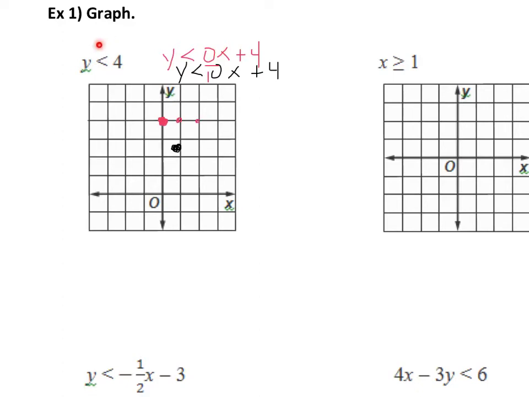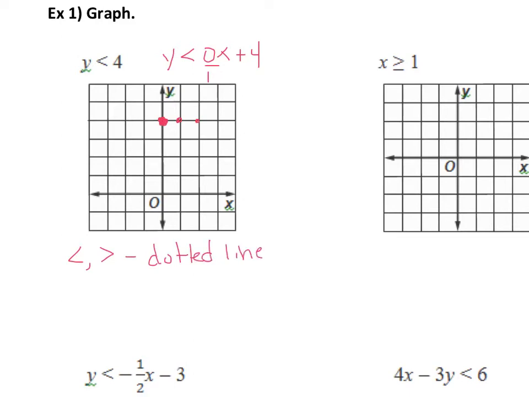Now what we do have to look at is there is a difference between when we have a less than or a greater than or equal to. And there's two differences than when we did equations. The first one is I'm going to have a solid or dotted line based on this sign. Okay? So now if I have a less than or greater than symbol, that's going to give me a dotted line.